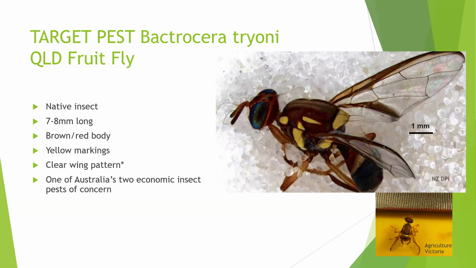Some people refer to this as Hawthorn Football Club colours, if you're football fans. The wings are relatively clear, as opposed to some other pests which have different patterns on their wings. It is one of Australia's economic pests of concern. The other one is Mediterranean fruit fly.